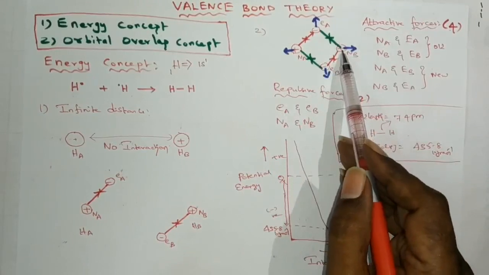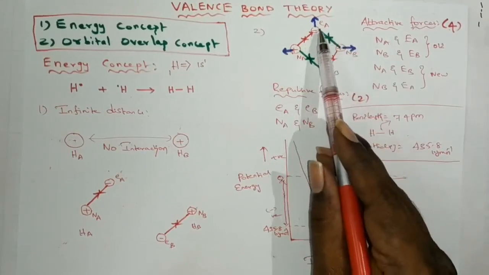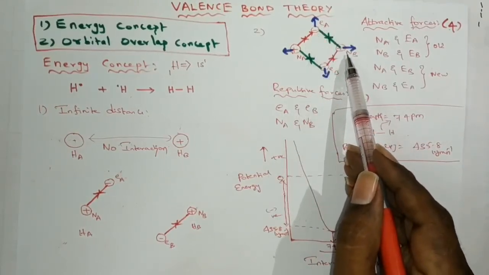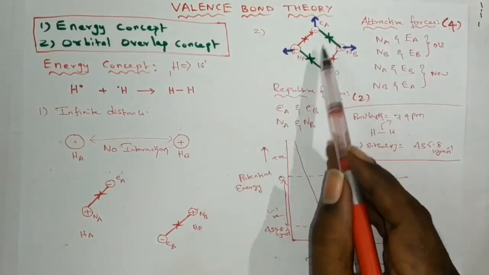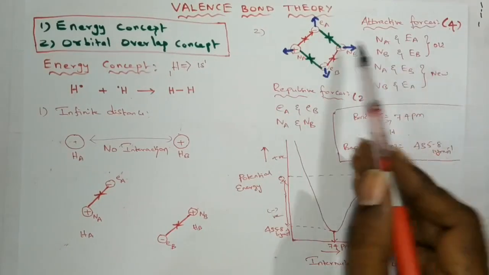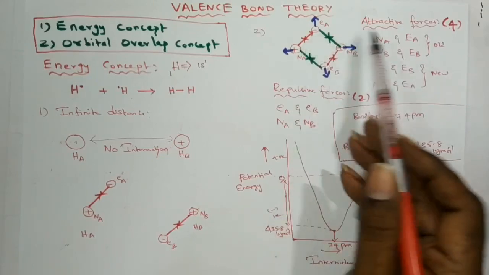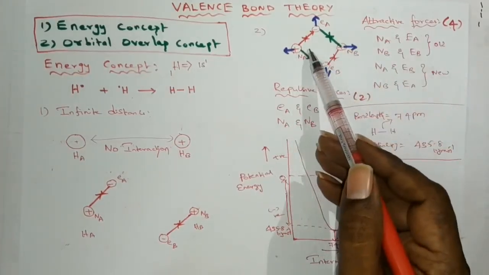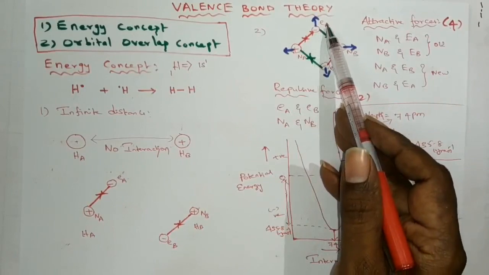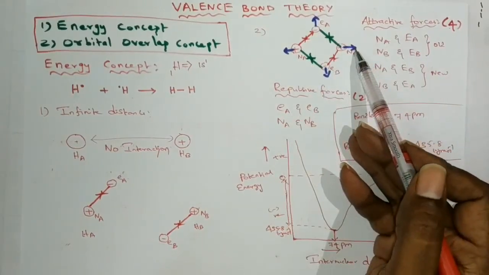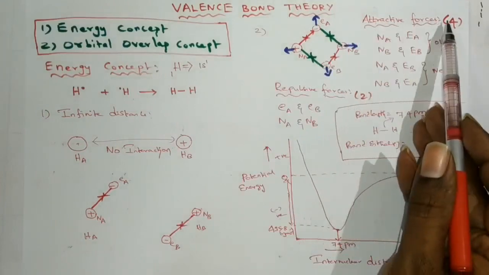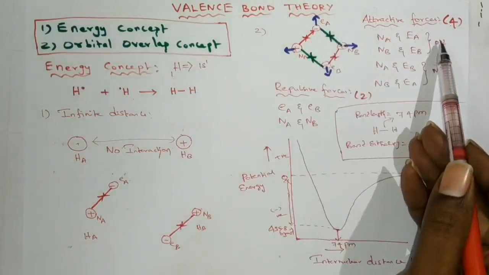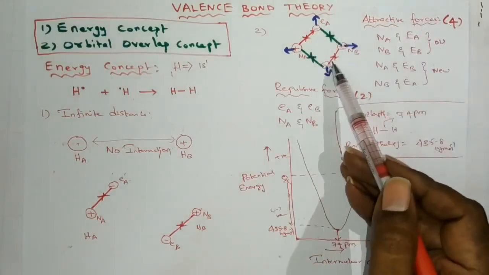And here also, a force of attraction operates between the nucleus of hydrogen atom B and the electron of hydrogen atom A. So these green lines are the new forces of attraction, and this is the old force of attraction that was already present between the nucleus of hydrogen atom A and its own electron, and the nucleus of hydrogen atom B and its own electron. So there will be four attractive forces here, two old forces of attraction and two new forces of attraction.